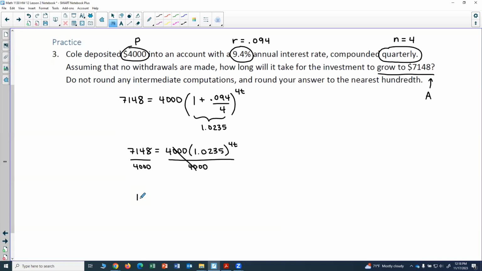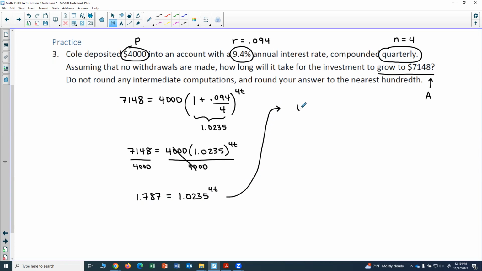It came out exact, so I'm not actually rounding there. 1.787 equals 1.0235 to the 4t. And now here's the point where I want to take the log or natural log of both sides.